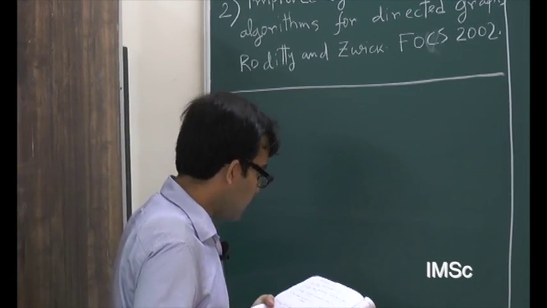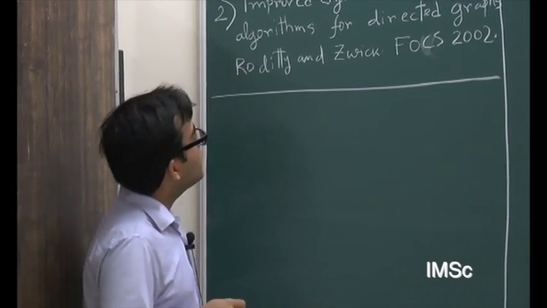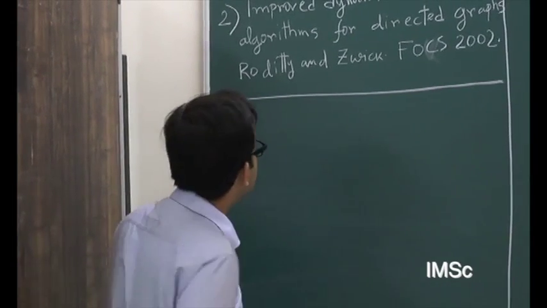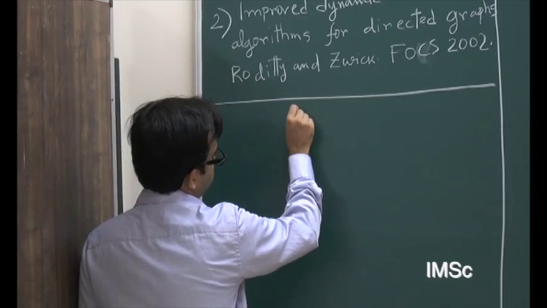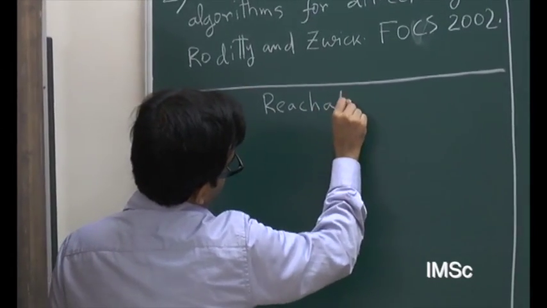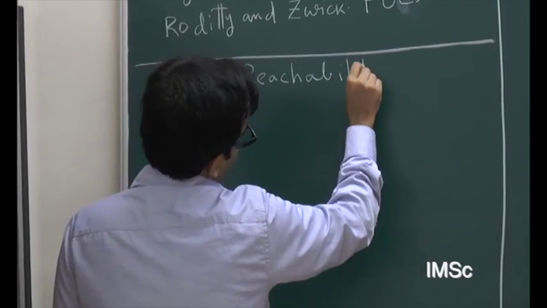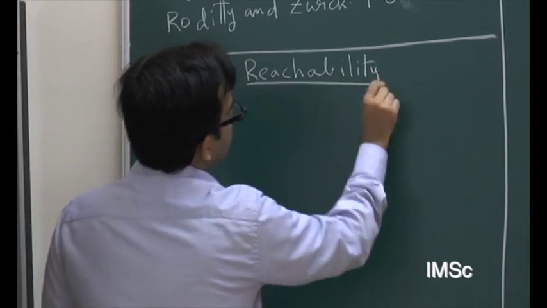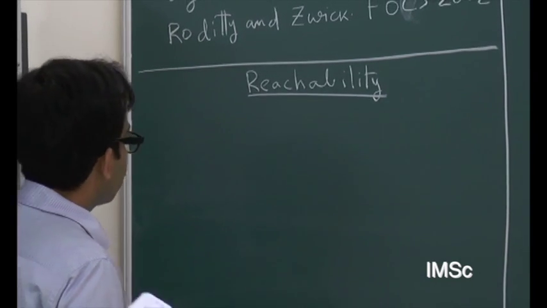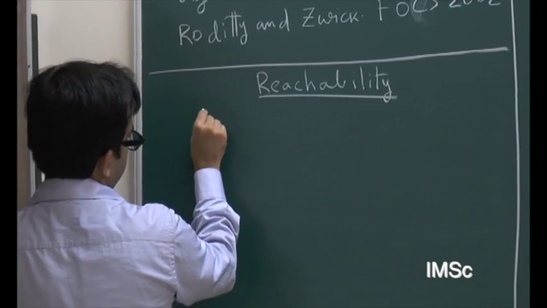And before stating the dynamic reachability problem, let us look at this problem in a static setting. We will be considering three versions of this problem in increasing order of generality.